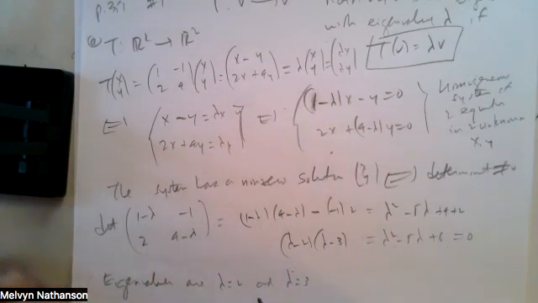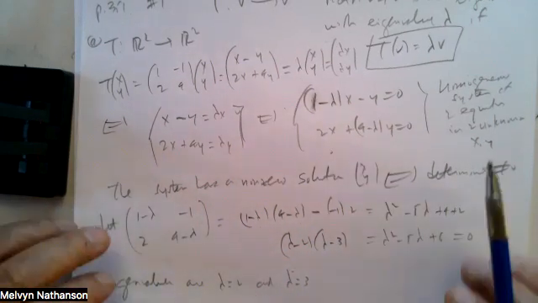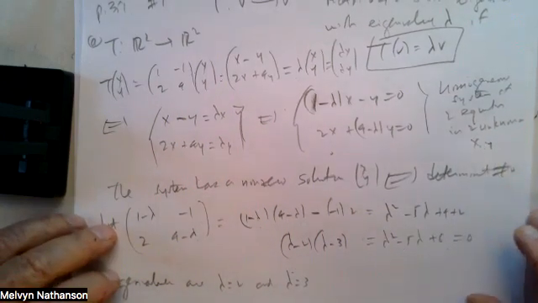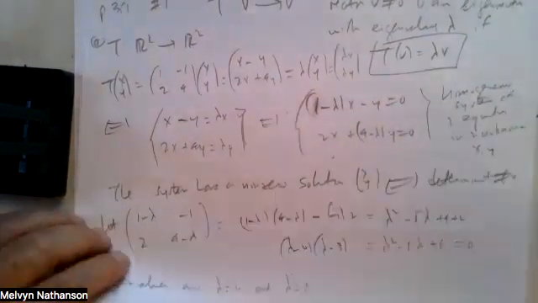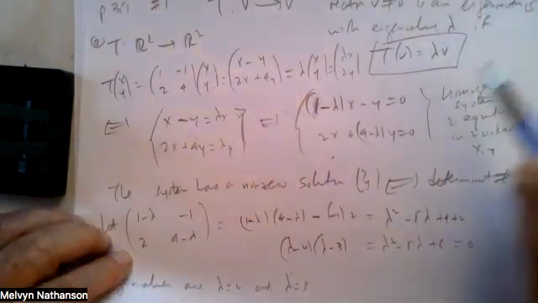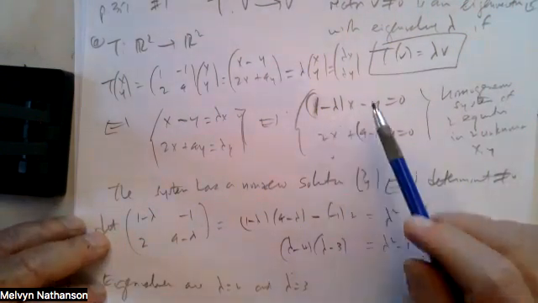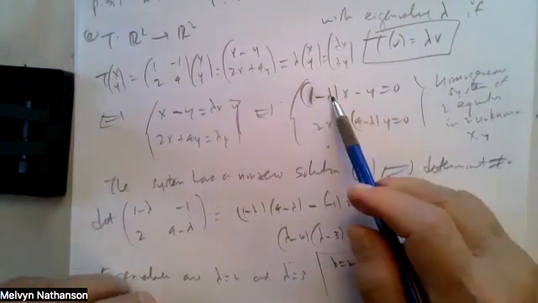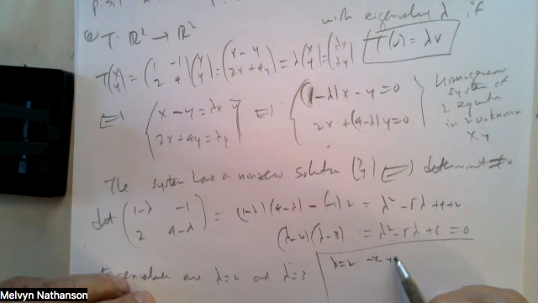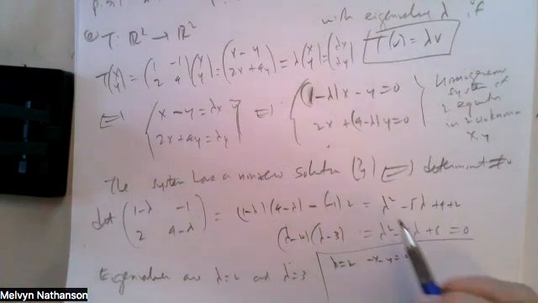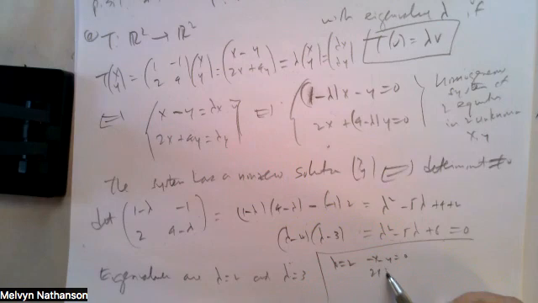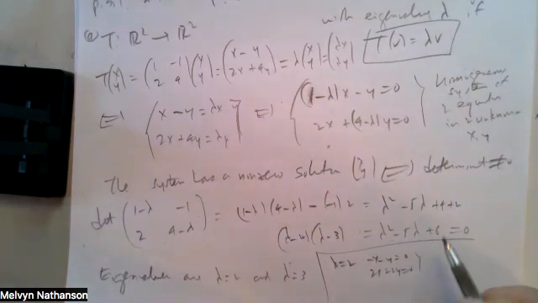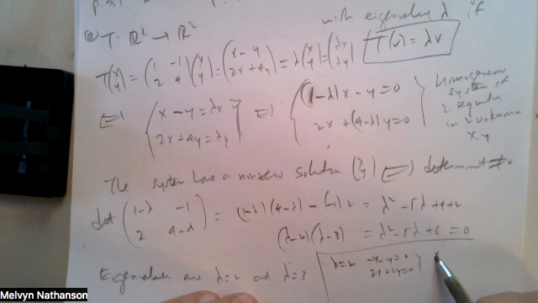So for each of these two different values of lambda, we can find a non-zero solution. Let's see. What do these equations become when lambda is 2? If lambda is 2, we get minus x minus y equals 0, 2x plus 2y equals 0, which is just the same as x plus y equals 0 or y equals minus x.